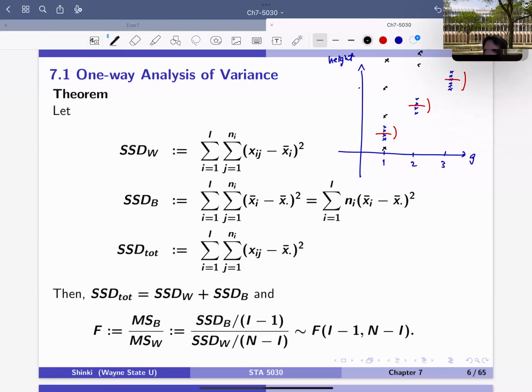So really, we have to compare the 2 variabilities. So one is variability within each group, and the other is variability between these group means. So we want to quantify those 2 measures.